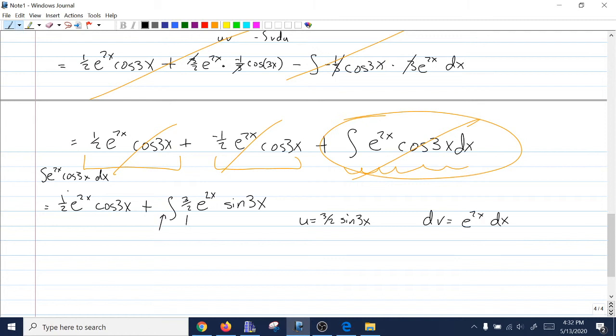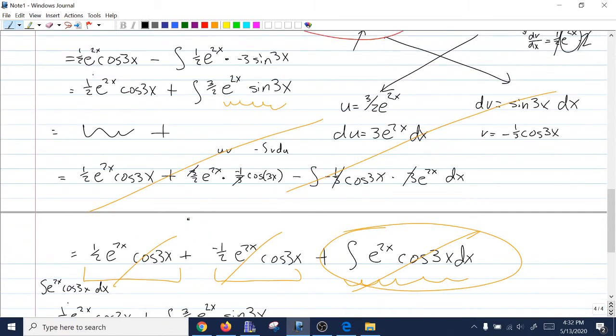Again, I want the constant to be inside the integral. I keep saying this, and I don't feel like I'm explaining very clearly. The reason I want the constant inside the integral when I'm about to do parts again is that if I had the 3 halves outside the integral by parts formula, then it would have to be multiplied onto the uv minus integral v du. And I don't want to add an extra step where I distribute a constant in.